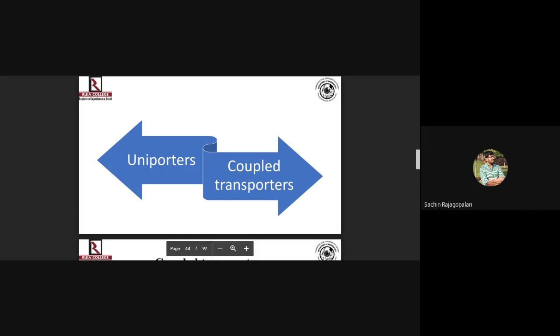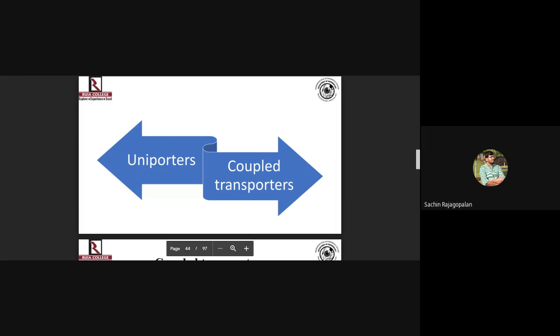Going ahead, you know this concept from your lower classes. I'm very sure that these are the two terms which normally are spoken about: uniporters and coupled transporters. Uniporters are those transporters which transport solute only in a single direction.